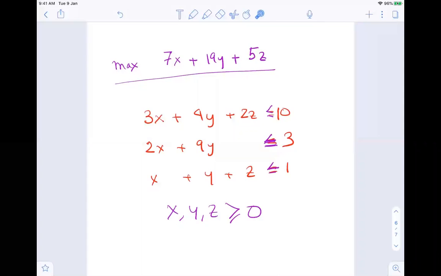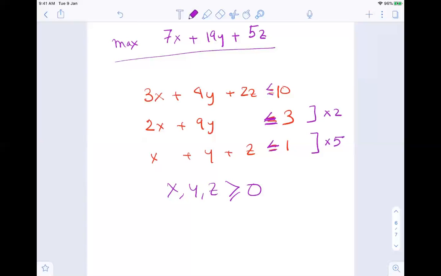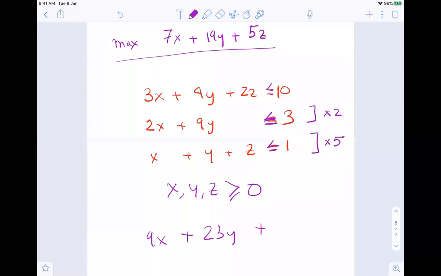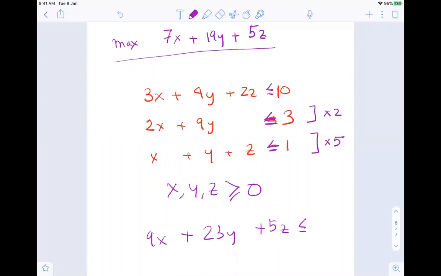Okay, excellent. So see what you are doing. I'm hoping that you are doing it right. You are saying, okay, let's take the second equation and multiply it twice, and 5 times the third, right? Yes, sir. Now this will become 4x plus 9x plus 23y plus 5z is less than equal to 2 times 3 is 6, 11.